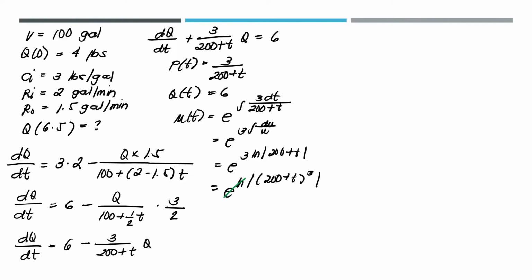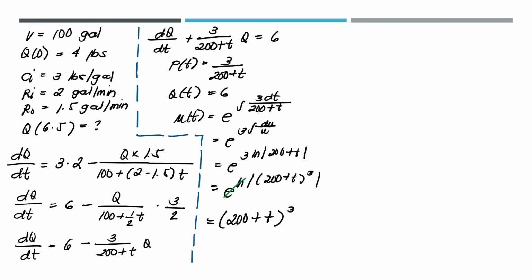So therefore, ang ating integrating factor ay 200 plus t cube. So, ganun na lang siya. So, this is our mu of t. Nagyan ko lang ng line para at least kitang-kita natin kung hanggang saan lang tayo.